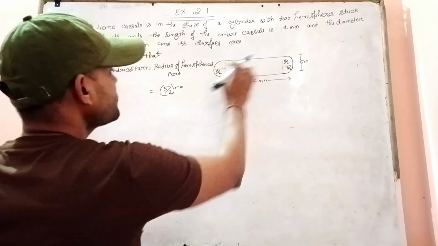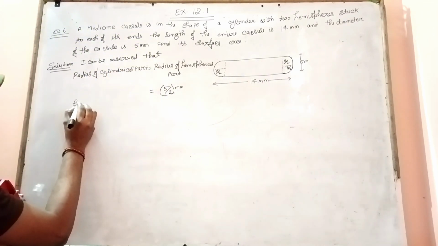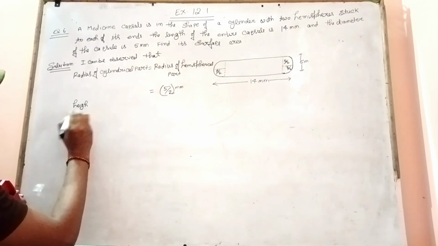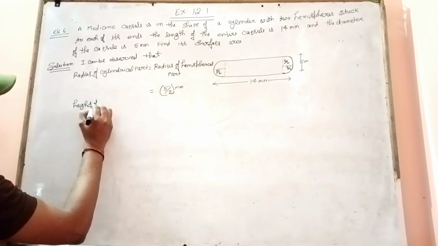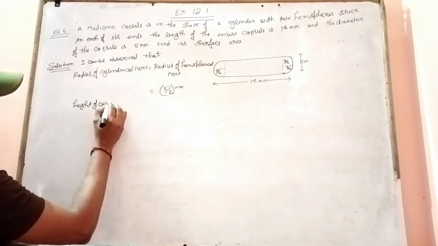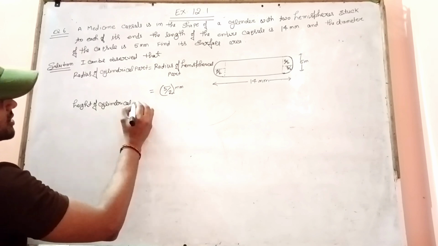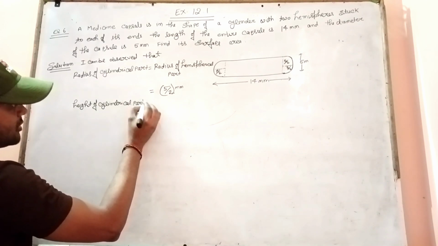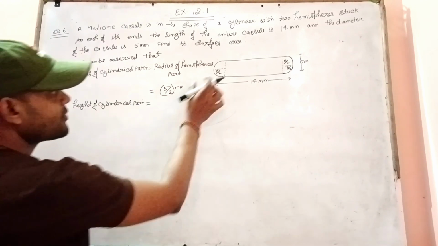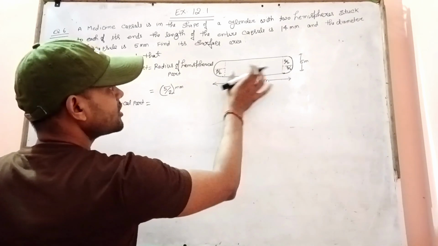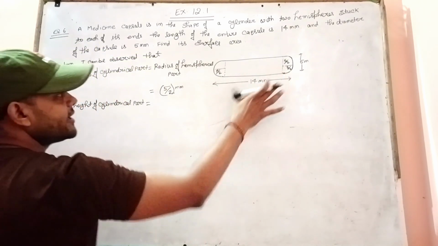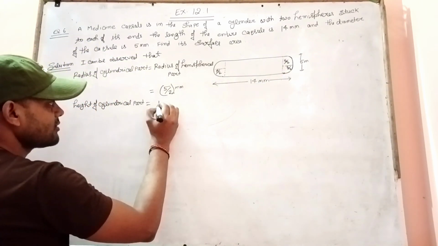Next, height of the cylindrical part. The two hemispheres contribute 5/2 and 5/2, which is a total of 5, and the entire length of the capsule is 14.